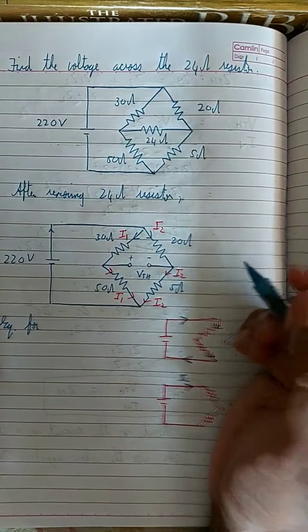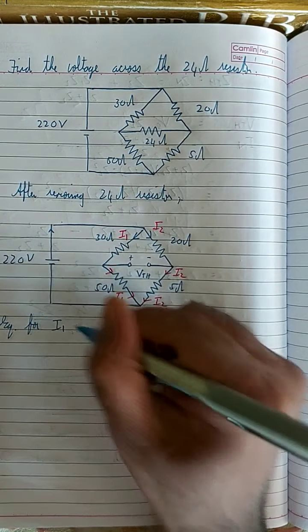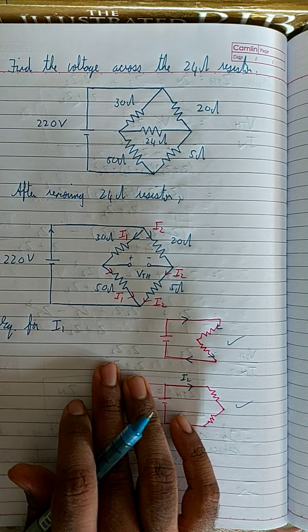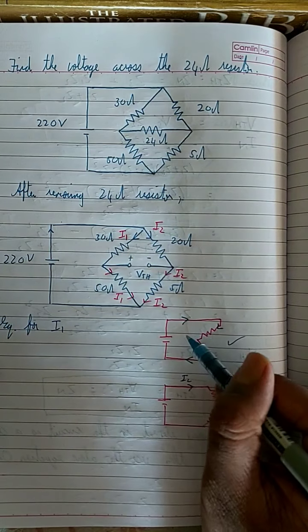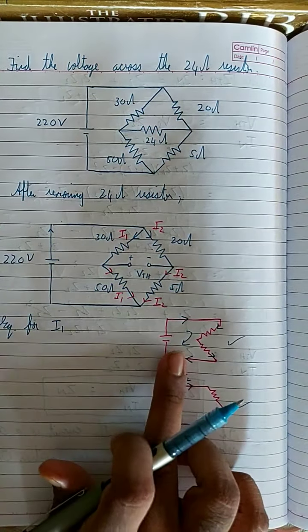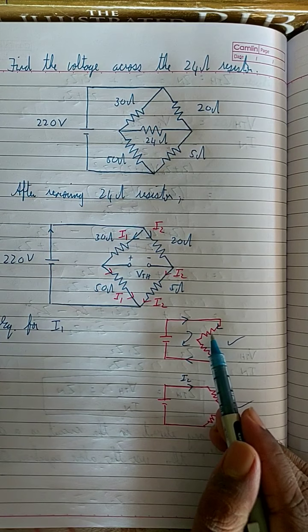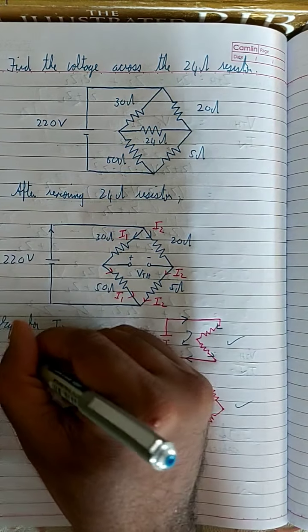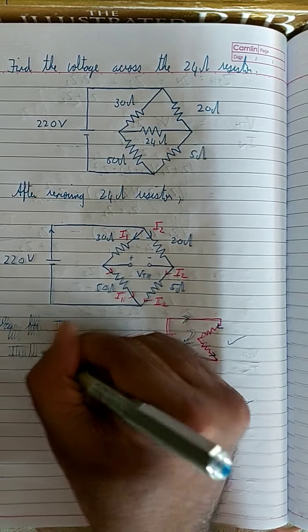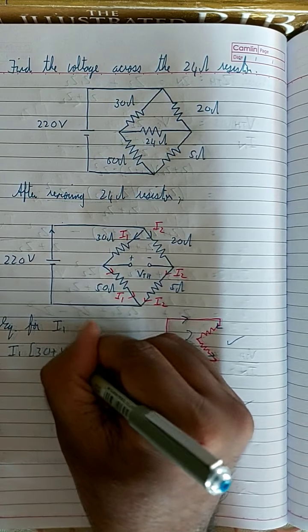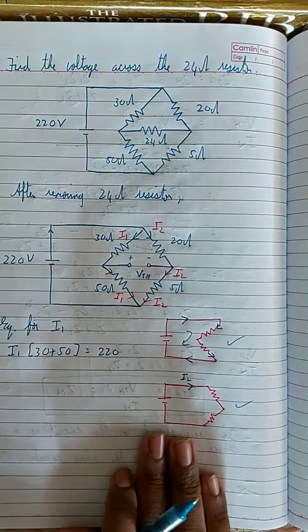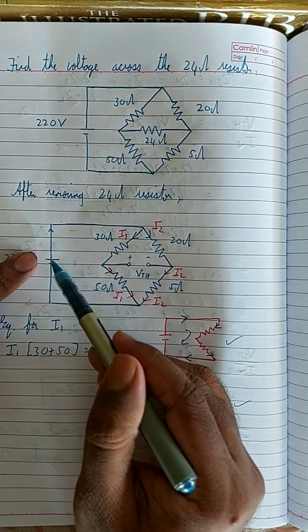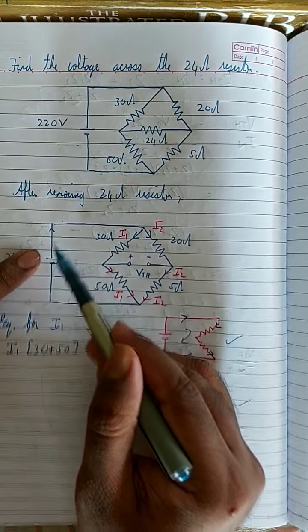So equation for I1. What about I1? If you are applying mesh analysis over here, this is 30 ohm and this is 50 ohm, which means you have I1 into 30 plus 50 is equal to 220, right? Why it is 220 is because this I1 is coming out from here.